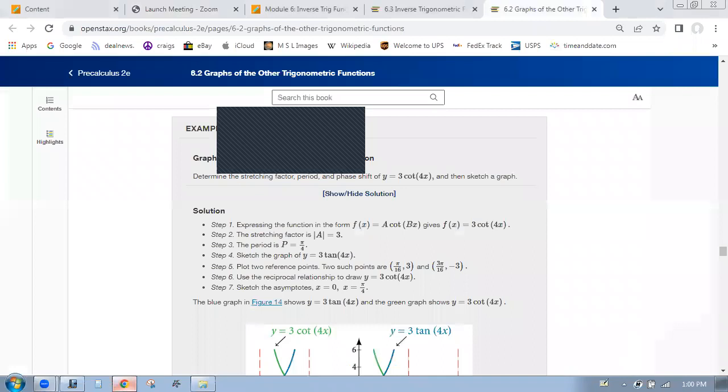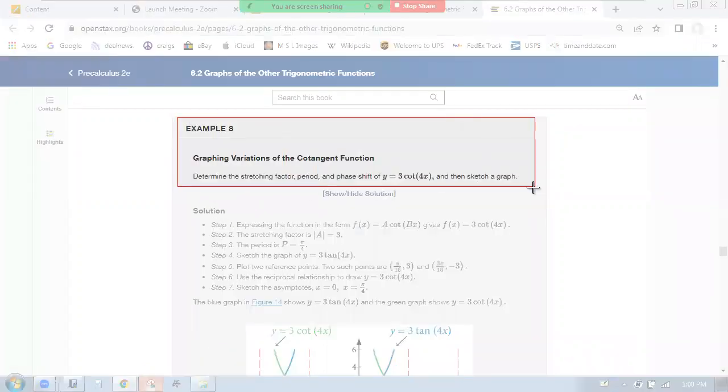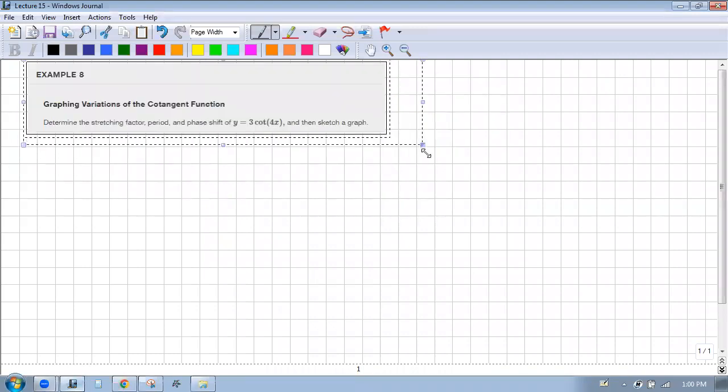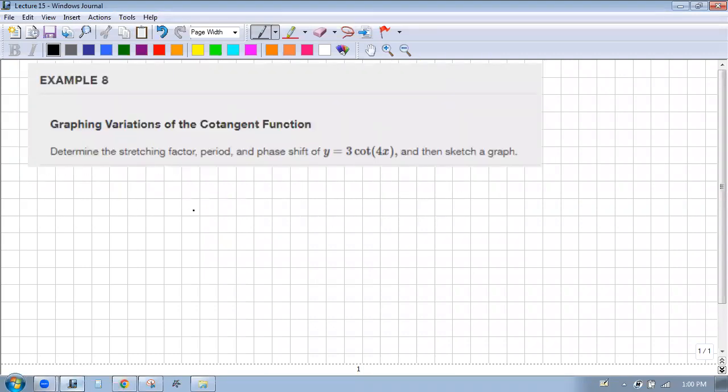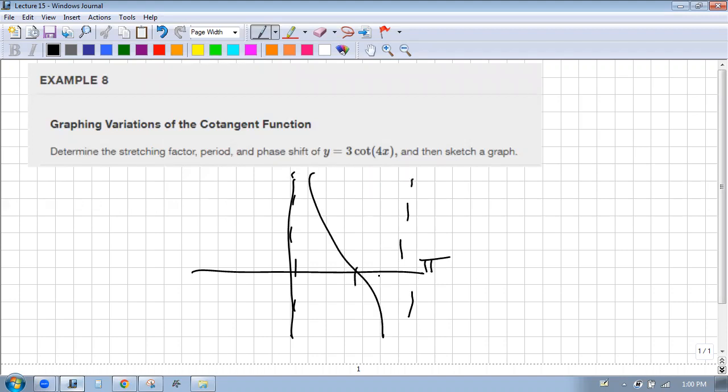We didn't quite finish the last section, so I just want to do a couple of graphs of cotangent for you. It's just like tangent, same tricks, but you just start off with cotangent instead of tangent. So cotangent, instead of looking like tangent does, tangent was between 0 and pi, and it was kind of backwards, right?